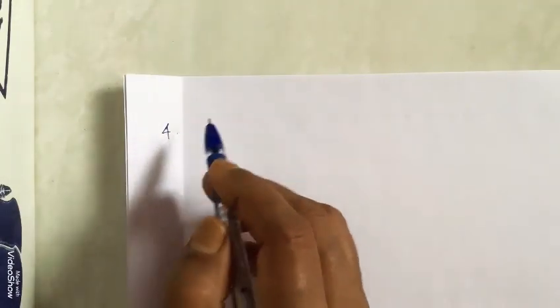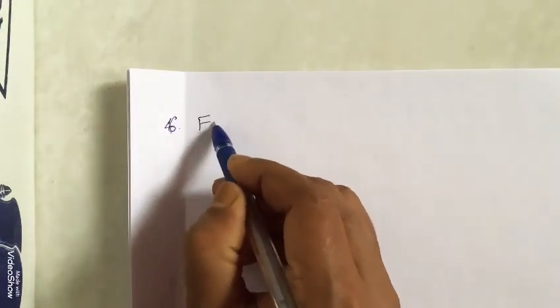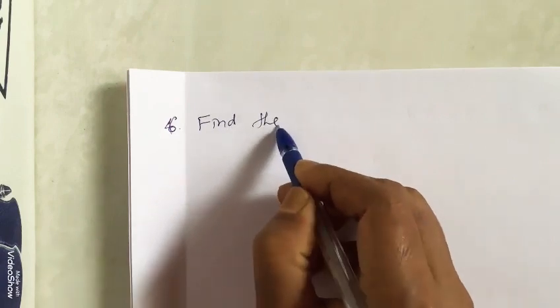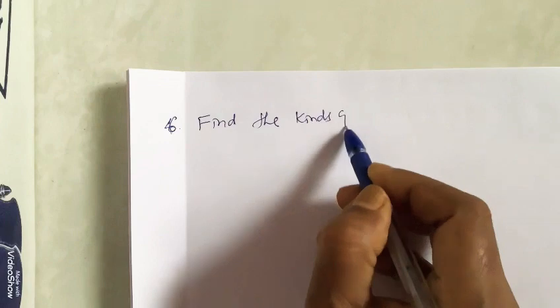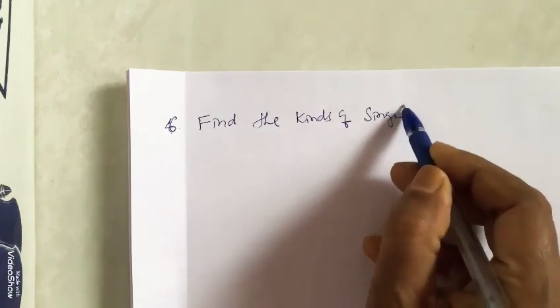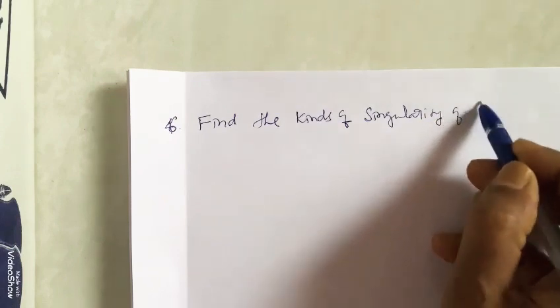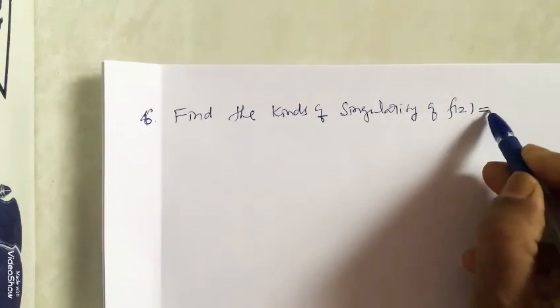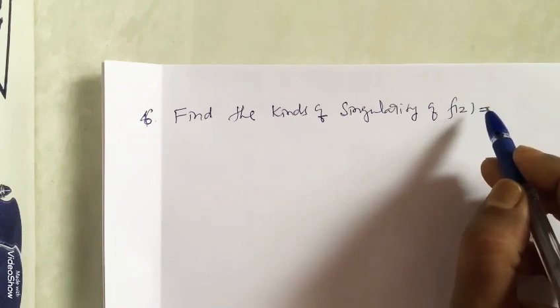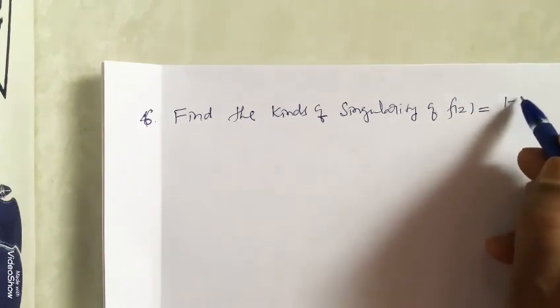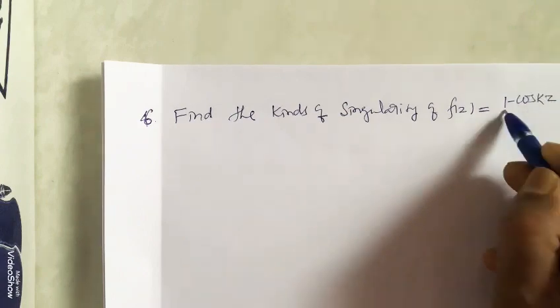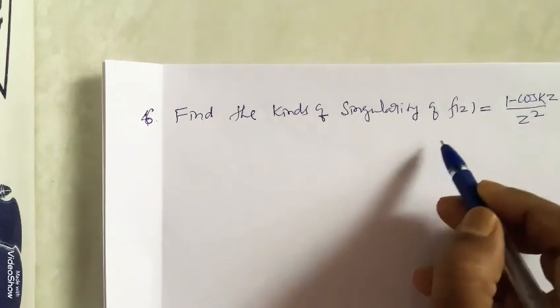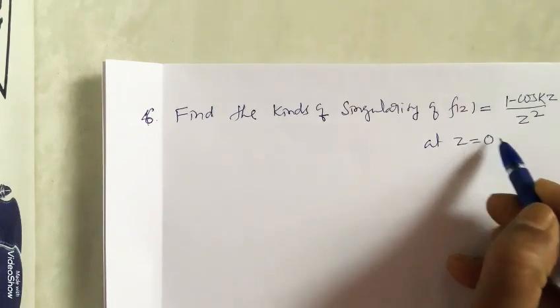Next one, sixth one. Find the kind of singularity of f z is equal to 1 minus cos kz divided by z square at z is equal to 0 here.